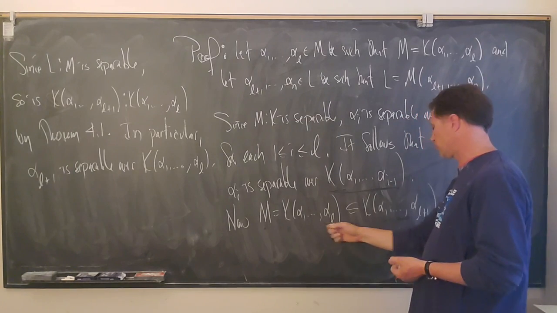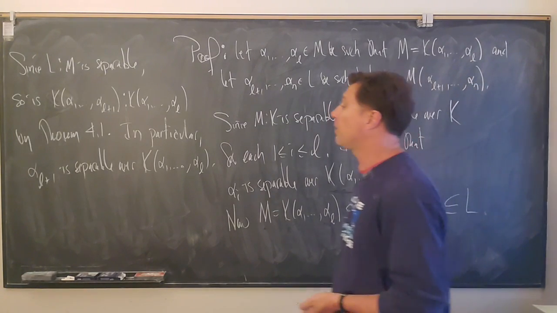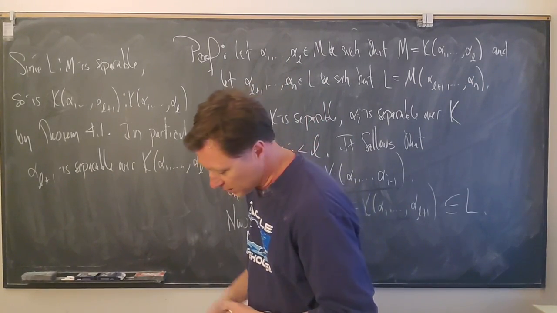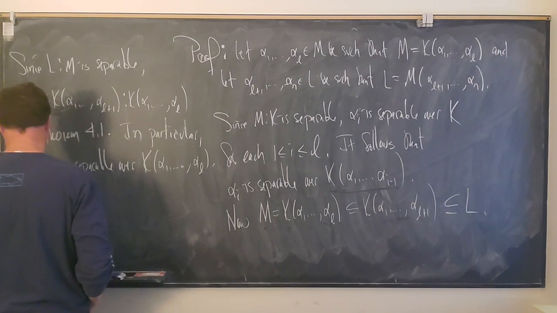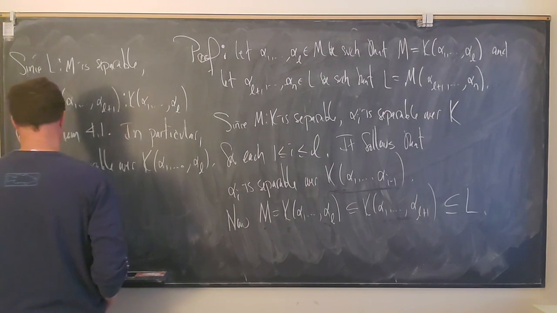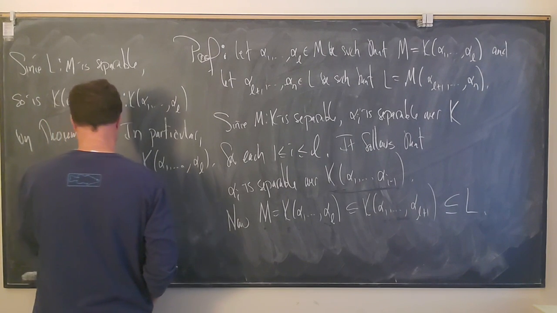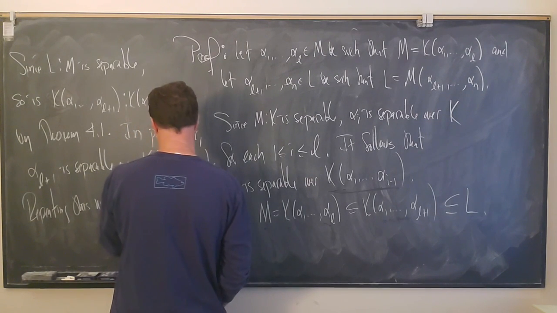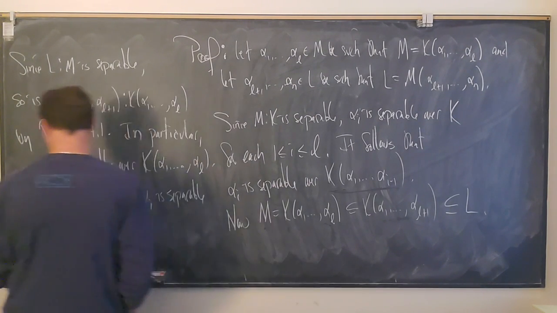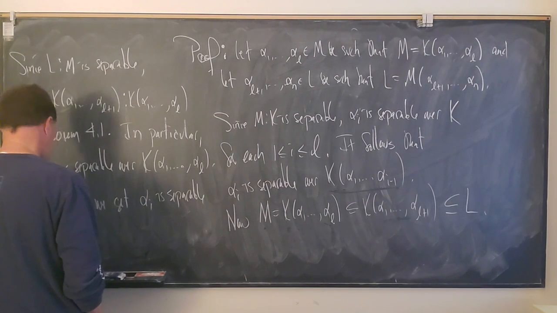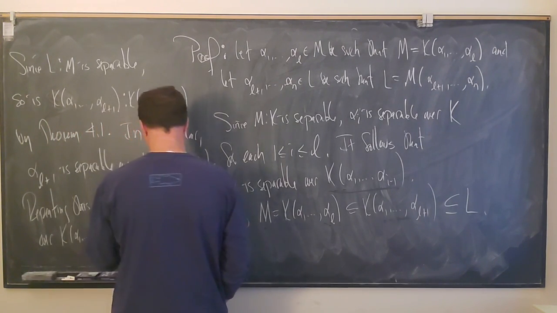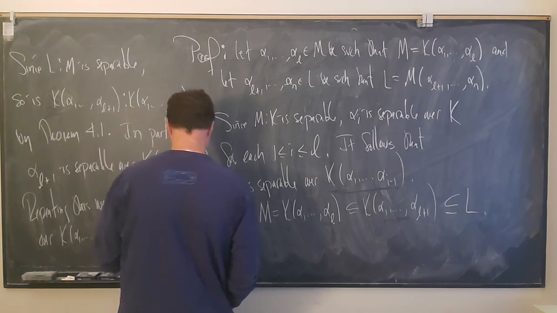You can change this to an l plus 1 and this an l plus 2 and get that alpha l plus 2 is separable over K adjoin alpha 1 up through alpha l plus 1 and so on. So repeating this, we get that alpha i is separable over K adjoin alpha 1 up through alpha i minus 1 for all 1 less than or equal to i less than or equal to n. Now we can go all the way up through n.